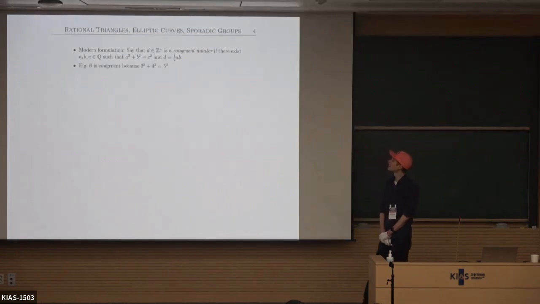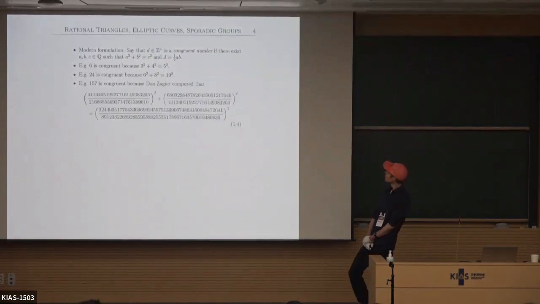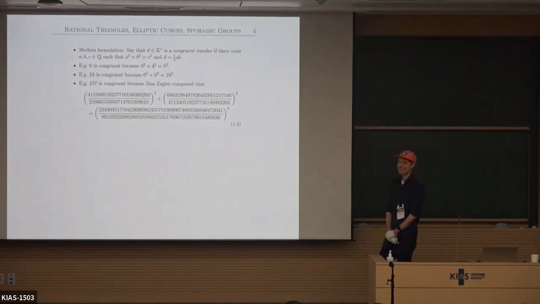Okay. So 6 is congruent. Well, this is the number we just gave. 6 times 4 is 24. 6 is congruent because 3 squared plus 4 squared was 5 squared. 24 is congruent. We've just seen it. And 157 is congruent because of this identity.